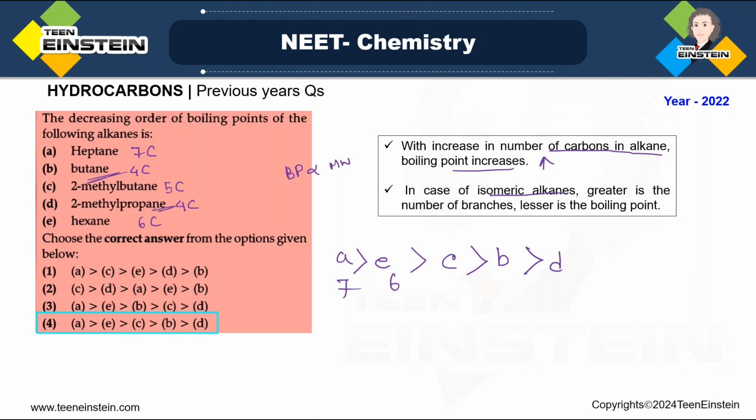So whenever you have an alkane and a boiling point related question, just check first the total carbon number you have to identify, and the next thing you have to see is whether branching is present or it is simply a linear chain. So in these two molecules, basically we have applied the second factor, and for the first three we have applied the first factor, right?